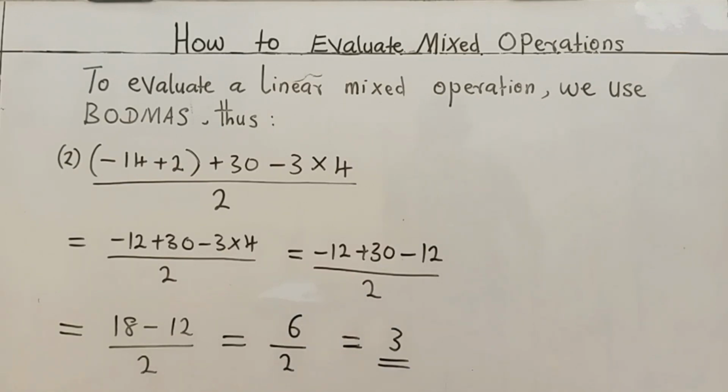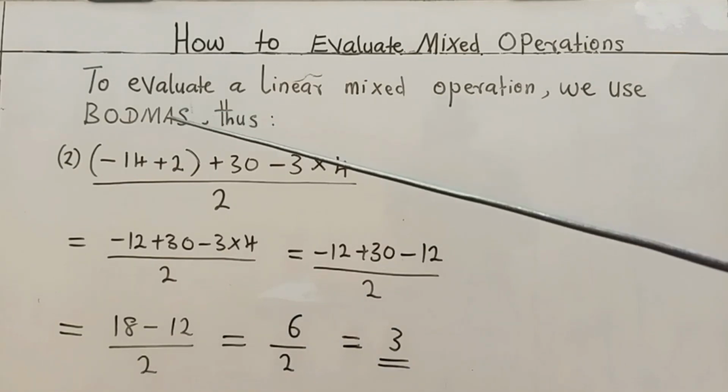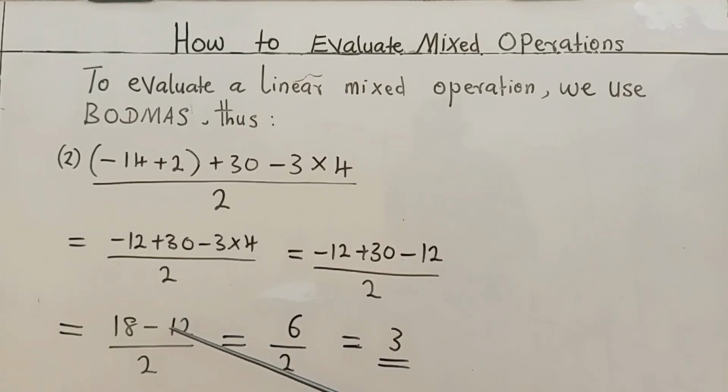Then next, the last one is subtraction. That is adding what you owe. So in the end, we have 18 minus 12 to give us this 6 here, then over 2. Dividing 6 by 2, the answer is 3.